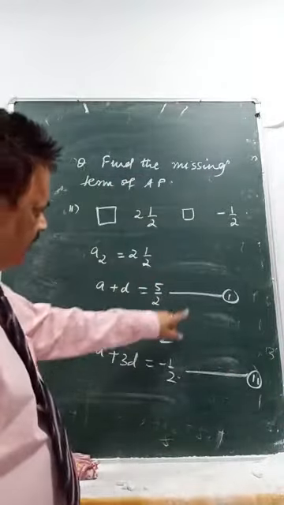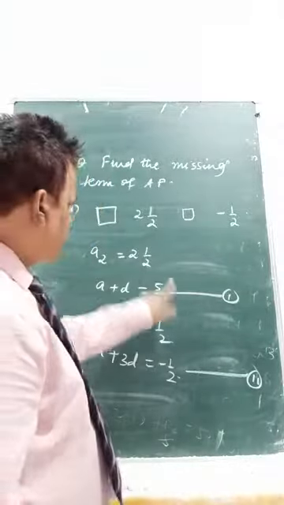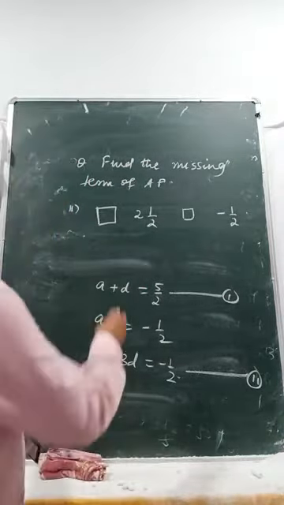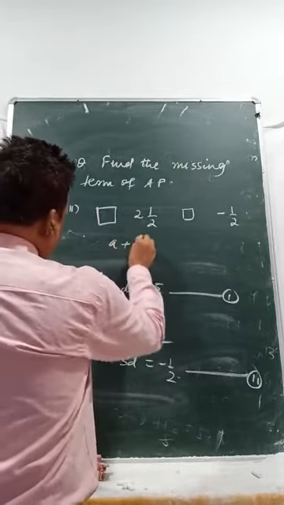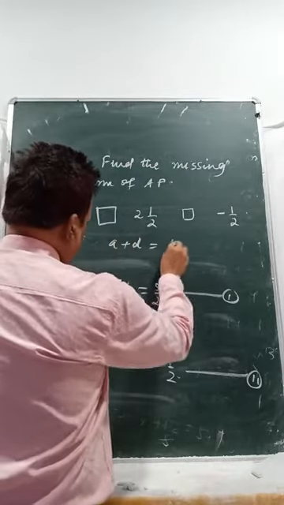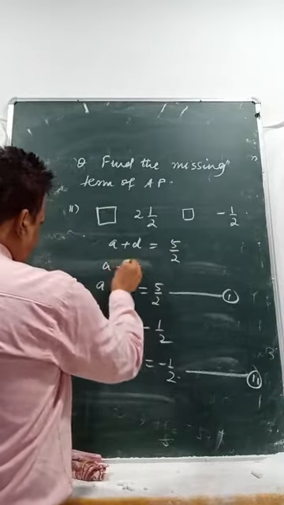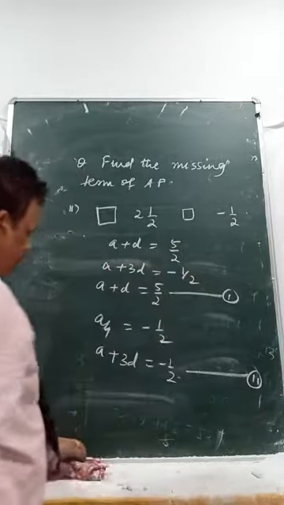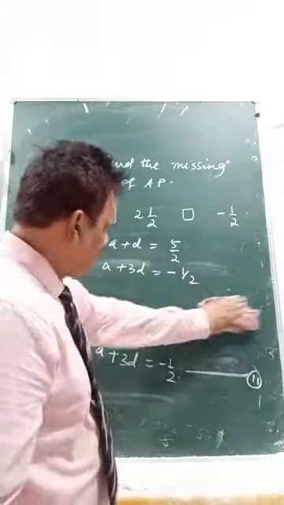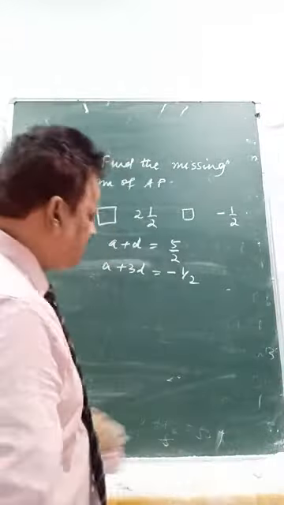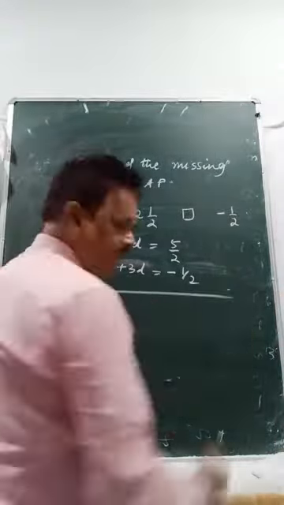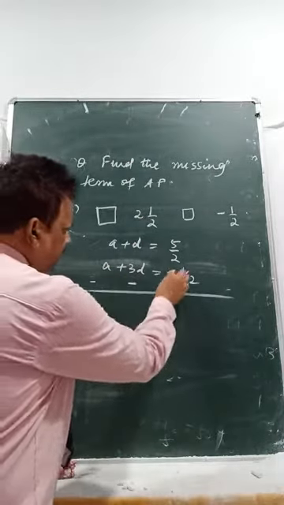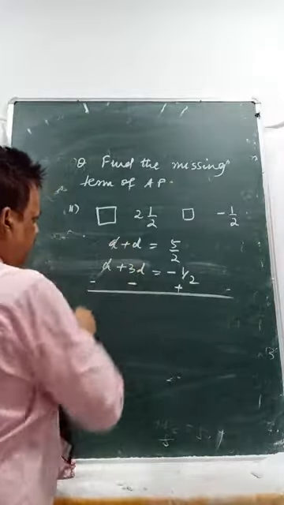Now first you have to solve these two. A plus D equals 5 by 2, A plus 3D equals minus half. Equalizing the coefficient, we have studied already. They are equal, so subtract. This minus will be plus, this A is cancelled.